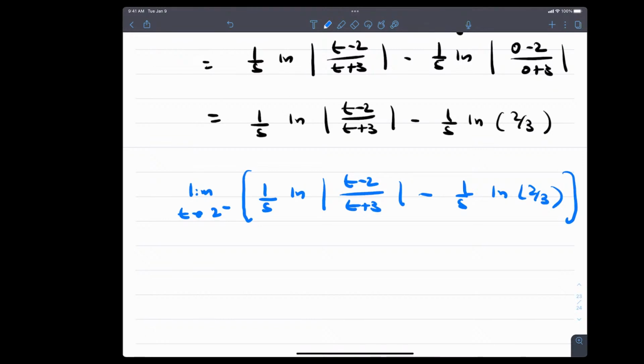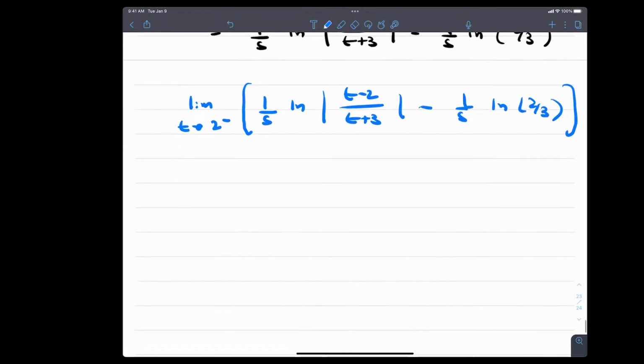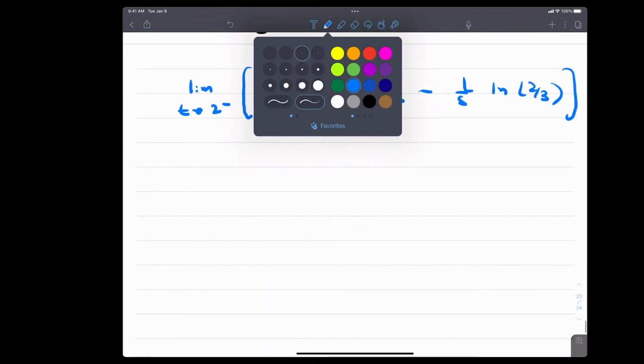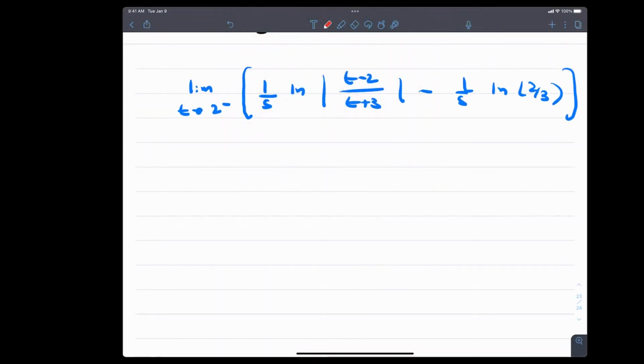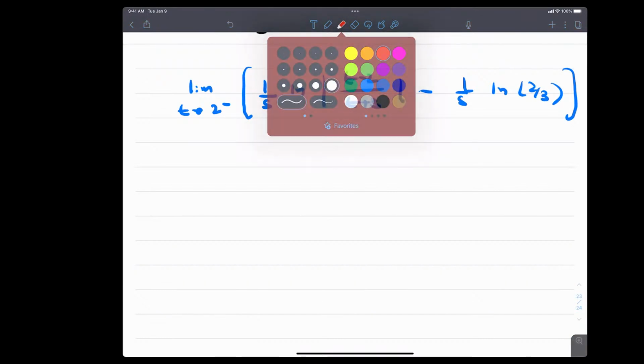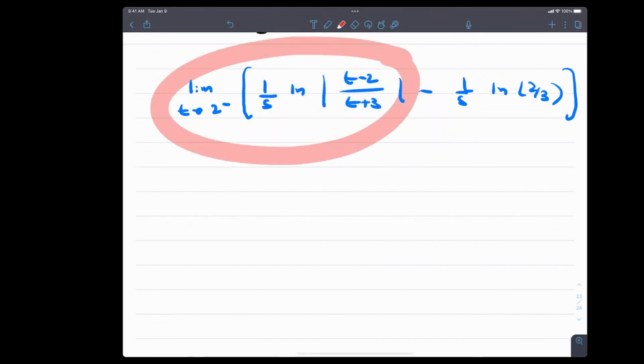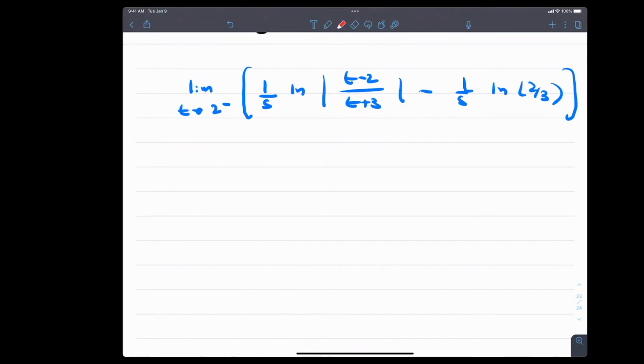So limit of a difference is difference of the limits, right? I'm just going to say, let's focus on this limit right here. It's kind of bad to do it that way. It's nicer to just say, let's look at the limit here.